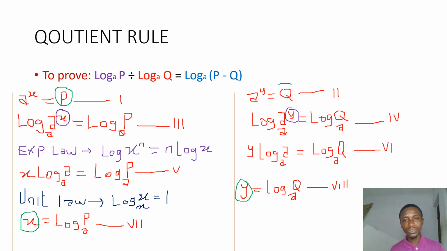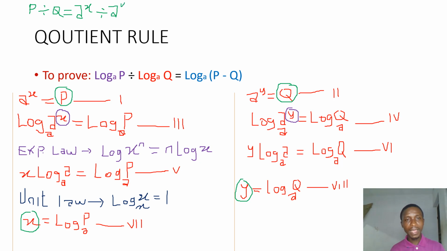Don't forget that is what our number a raised to power a and a raised to power x are respectively. So combining p and q, we say p divided by q is equal to p in equation 1, which is a raised to power x, divided by q in equation 2, which is a raised to power y.